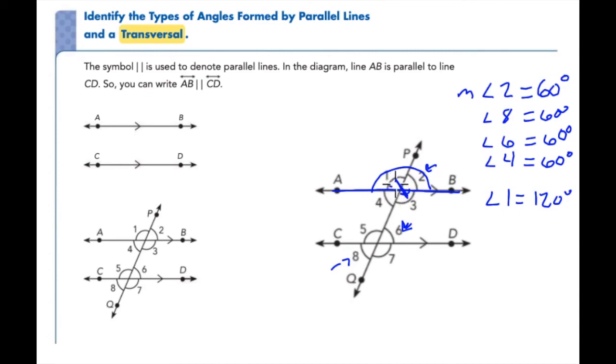I could look at them that way. And because they're vertical, they are the same. So 1 and 3 are both 120 degrees. 3's alternate interior angle is 5. So that means angle 5 is 120 degrees. And then 3's corresponding angle is 7. So that means that 7 is also 120 degrees.